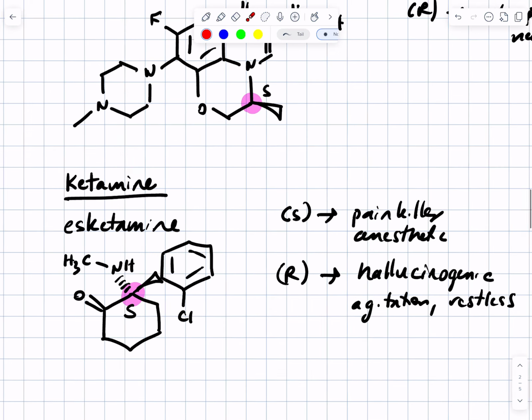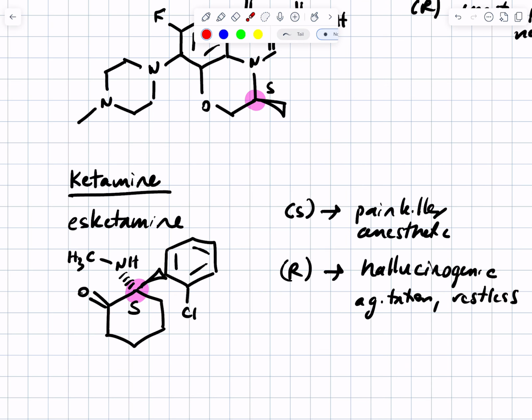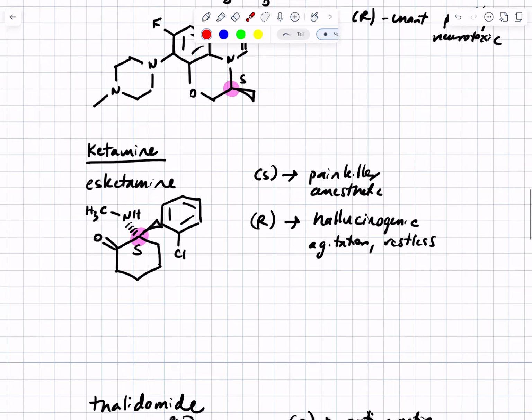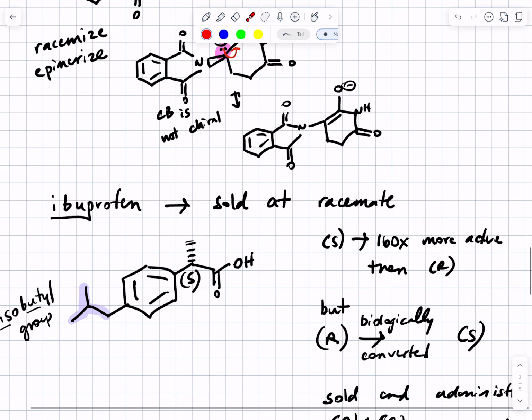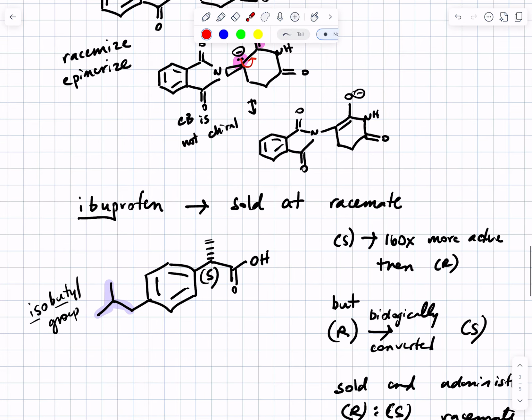For example, ketamine that you may have heard of. S-ketamine is a painkiller and an anesthetic. The R-enantiomer is a potential hallucinogen. So you sort of have to be careful there. There are, anyway, others. Ibuprofen, though, is sold as a racemate, and it's not a problem. The S enantiomer is 160 times more effective than the R enantiomer.